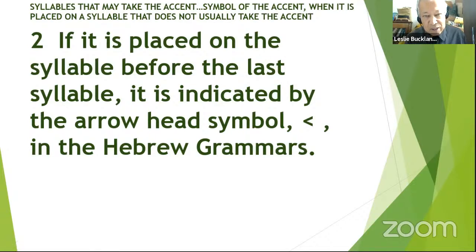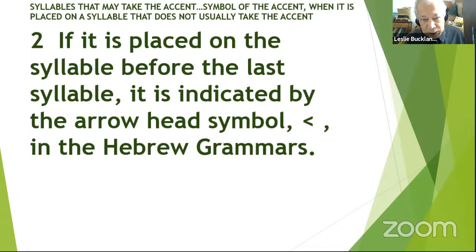And since the accent is not going to be in the usual place, then the reader has to be alerted by this accent mark that in this word, you're not going to put the accent or the stress on the last syllable. It is now going to be on the syllable immediately before the last syllable.